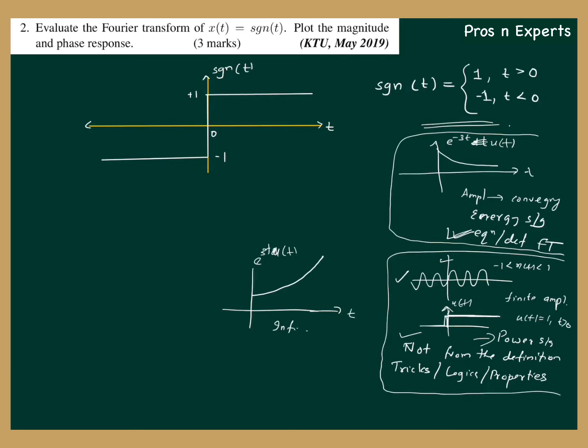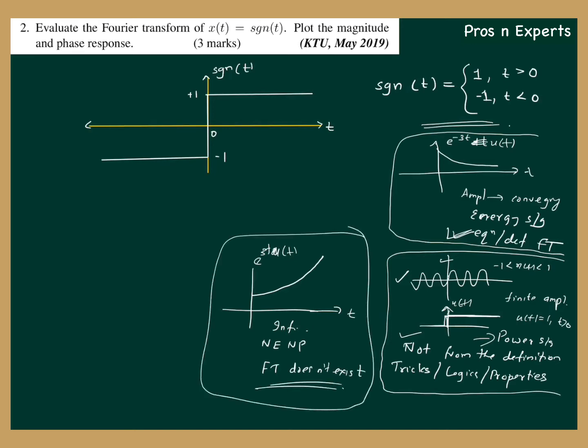So these signals are neither energy signals nor power signals. For such signals, the Fourier transform cannot exist. So these are the three categories. Just consider this as a tip before solving problems based on the Fourier transform.